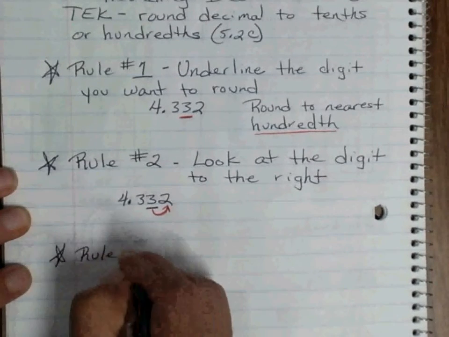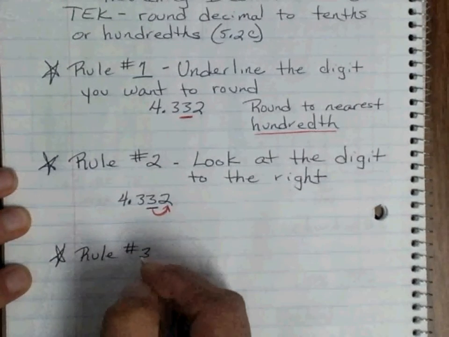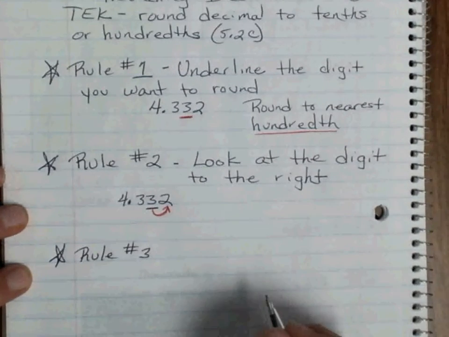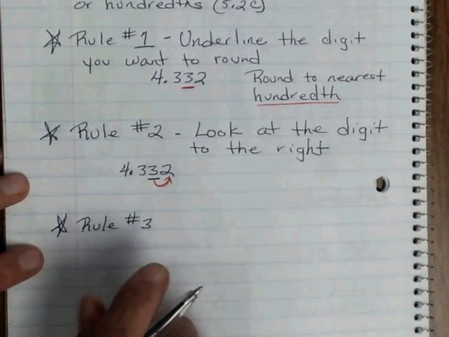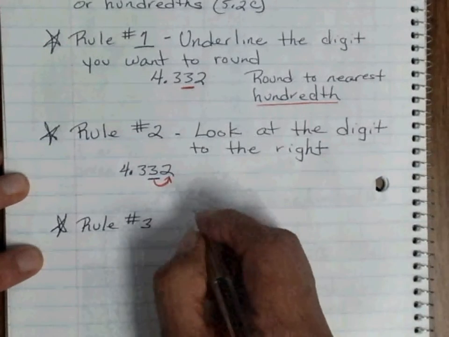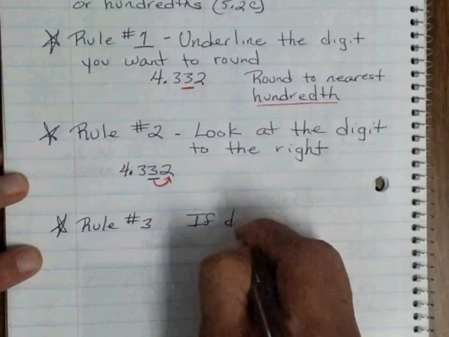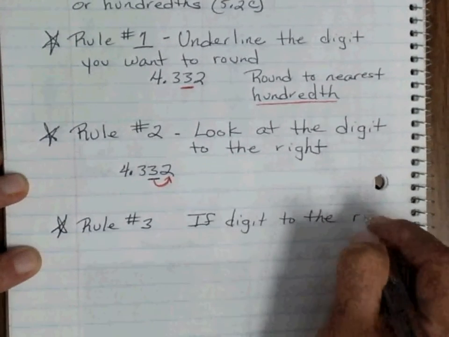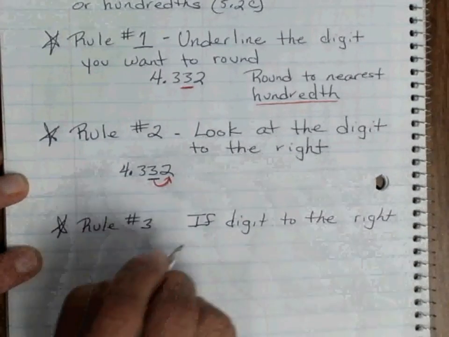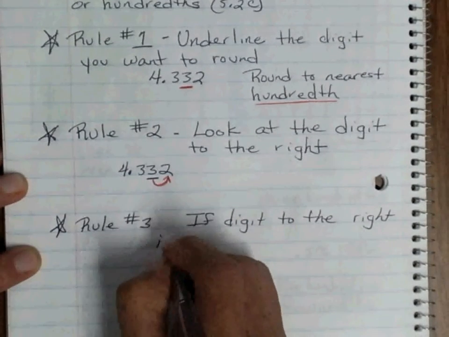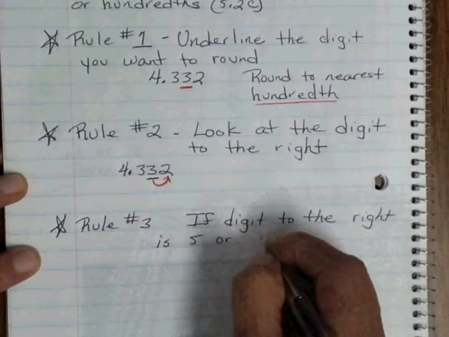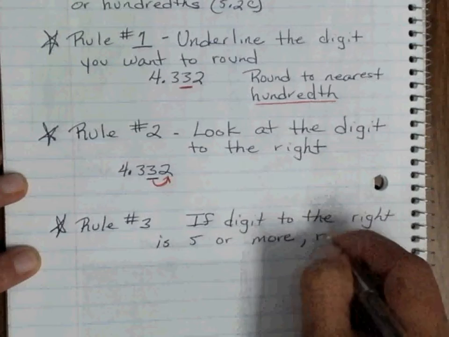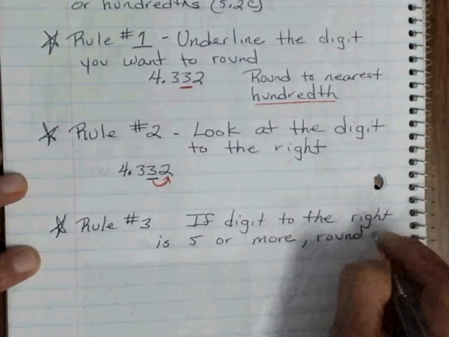Rule number 3: this one works the same as with whole numbers. It's no different than whole numbers. If the digit to the right is 5 or more, round up.